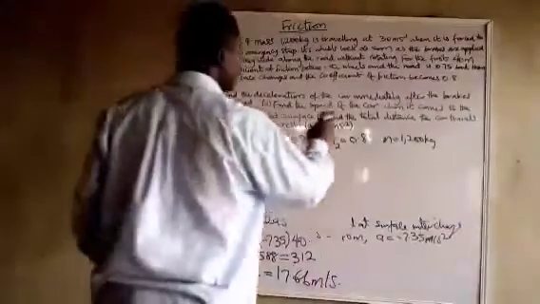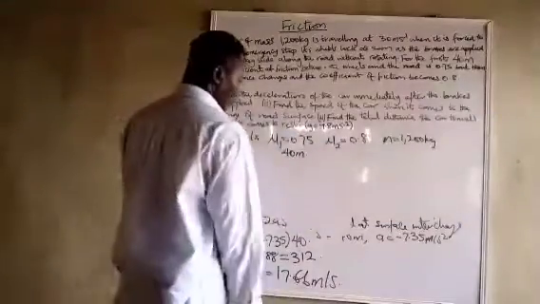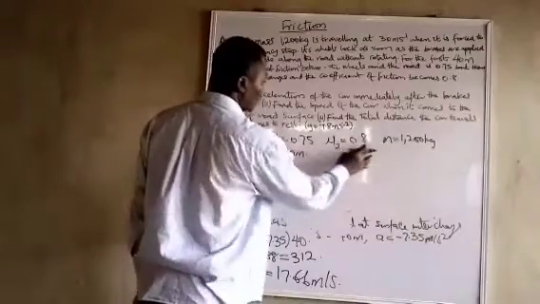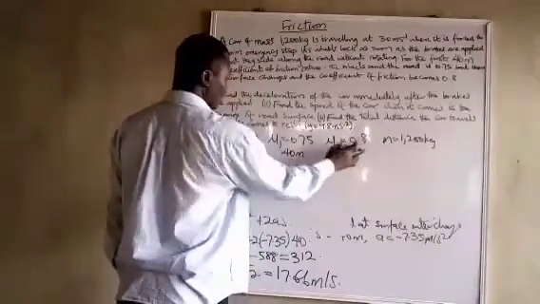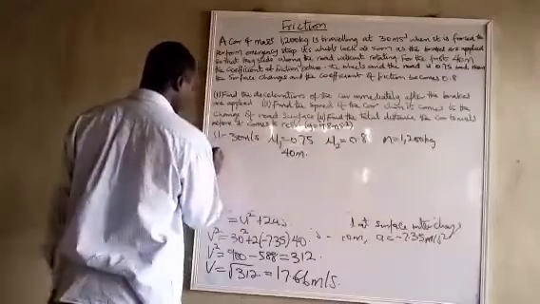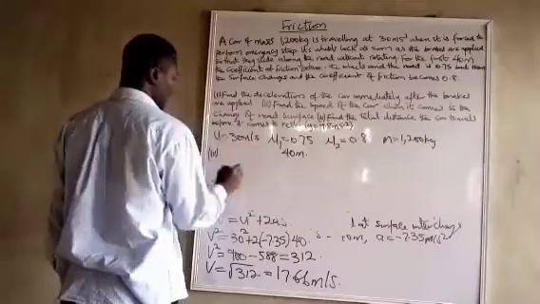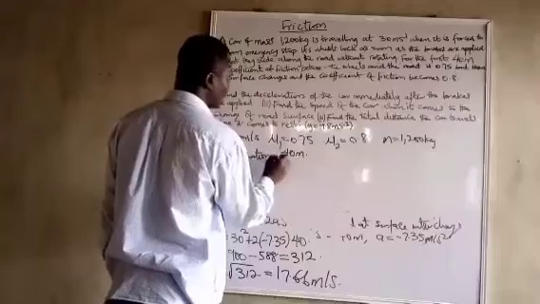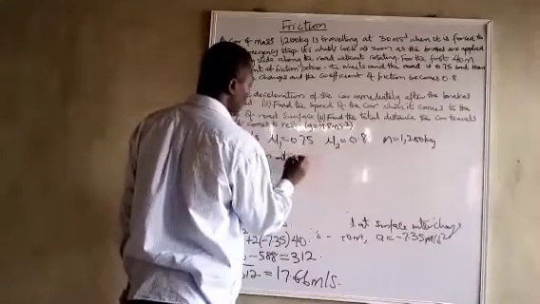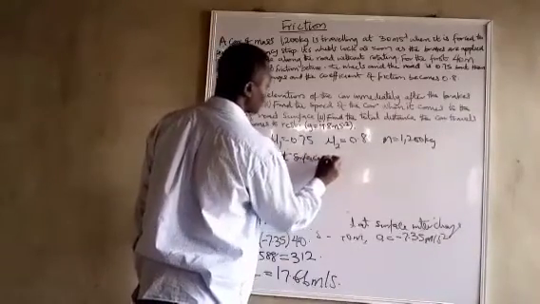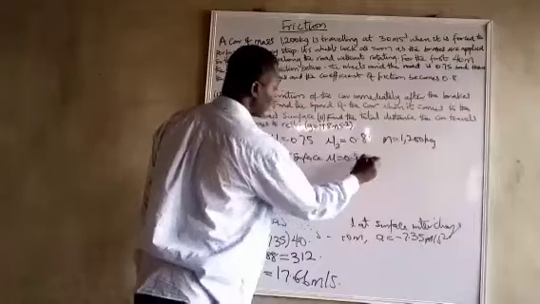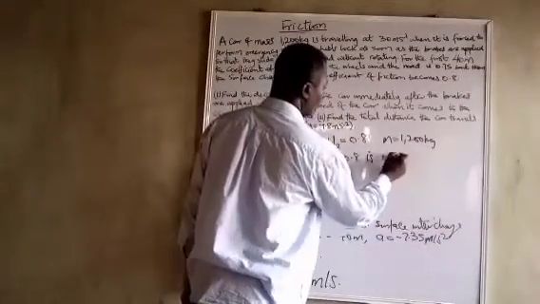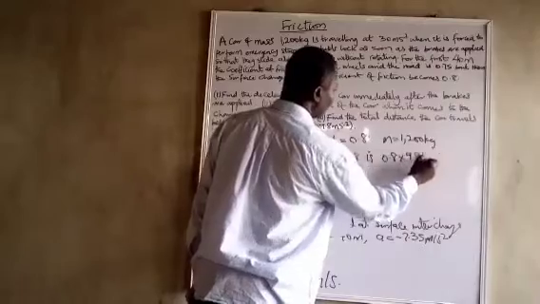Now we have to find the total distance traveled before it comes to rest. So for us to find the total distance, we have to find the distance traveled where the coefficient of friction is 0.8. Now let's work it out. Deceleration at the second surface, where mu is equal to 0.8, is 0.8 times 9.81.